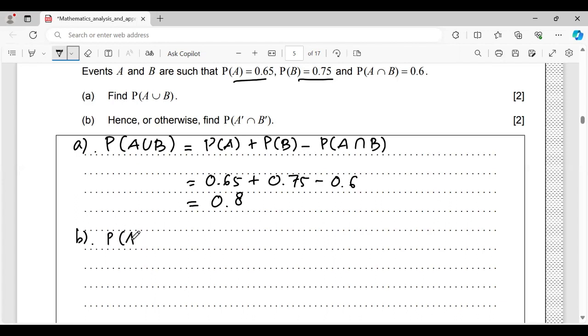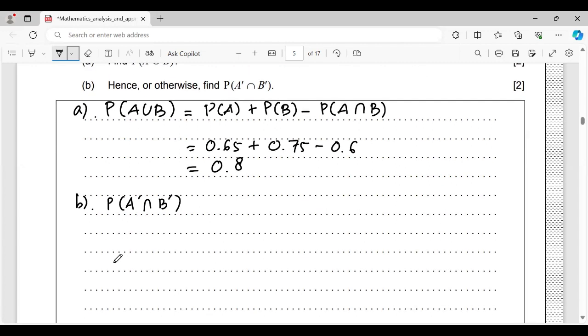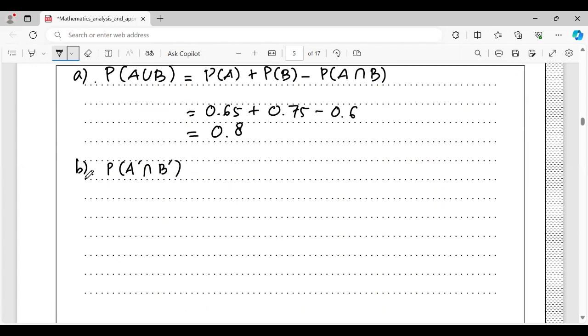Probability non-A intersection non-B, not A and intersection not B. But I will sketch first, the Venn diagram.